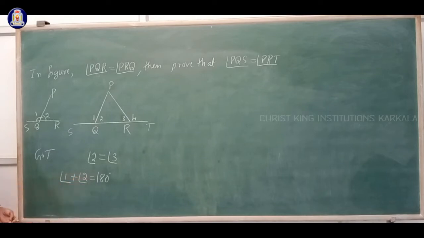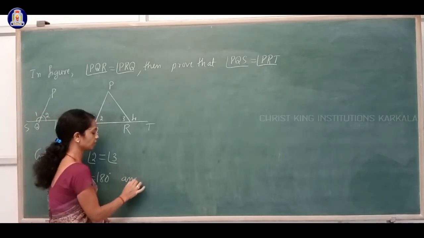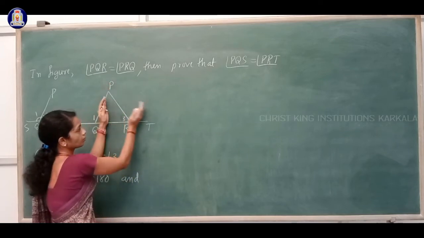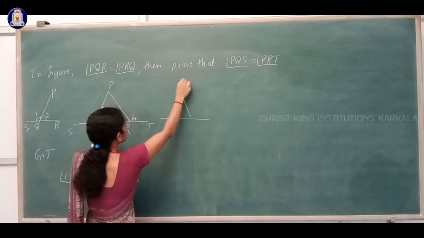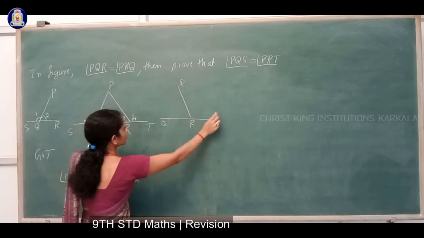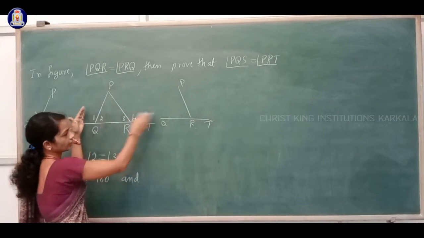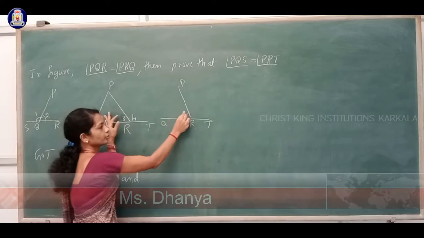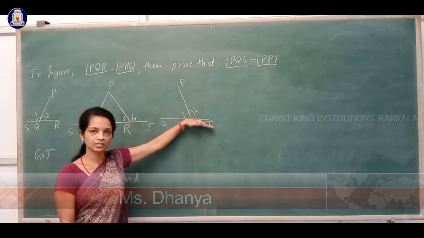So angle 1 plus angle 2 is equal to 180 degrees, and on the other side you have to observe the same type. I will highlight that part here. This is P, R, and here you have point Q, and this is T. This part I have drawn there, and here you have angle 3 and here you have angle 4, and again this QT is a straight line.